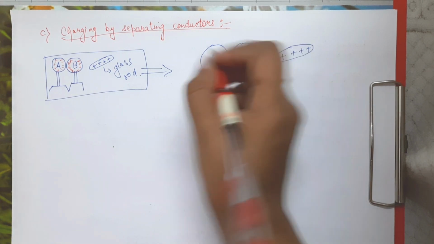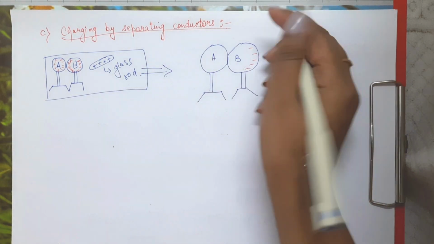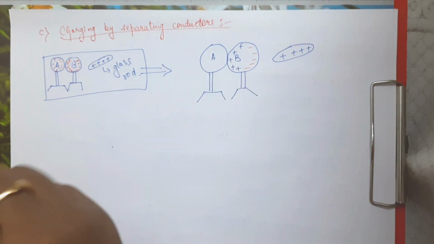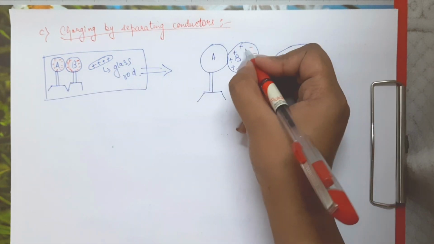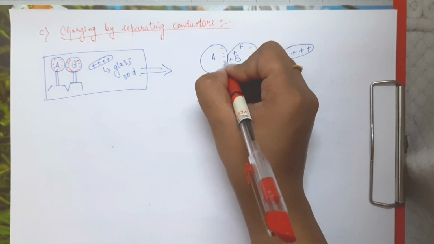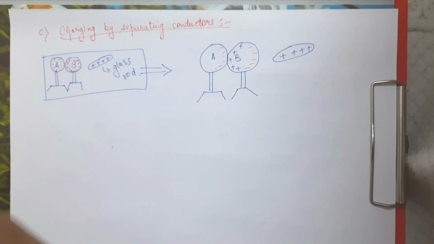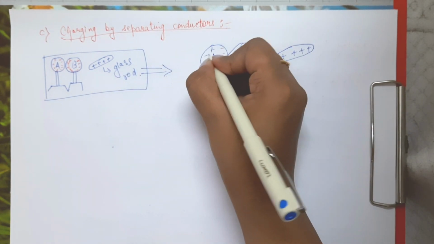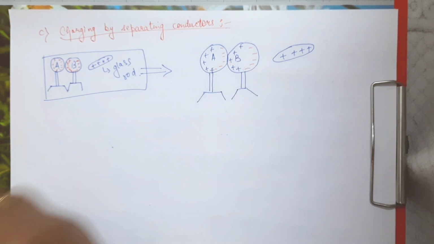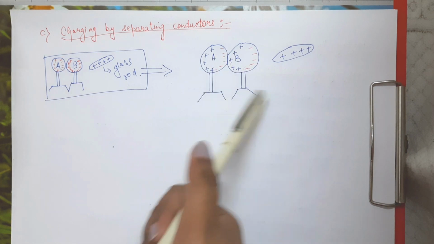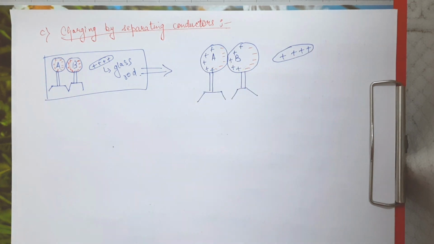Now because these are the negative charges here, positive charges will be here obviously. Now these positive charges will attract the negative charges of this metal ball towards themselves. Because negative charges are accumulated here, positive charges will be here. I hope this whole process is clear. This is basically the process of induction happening here.